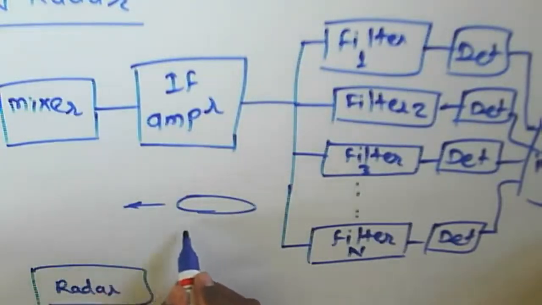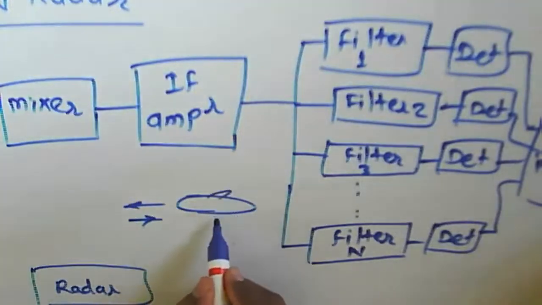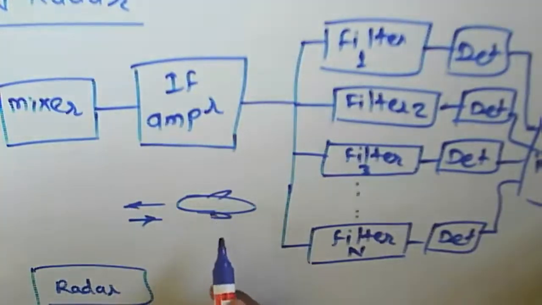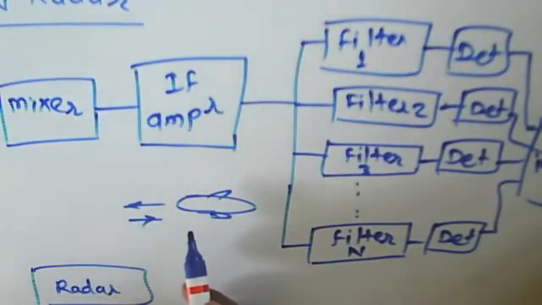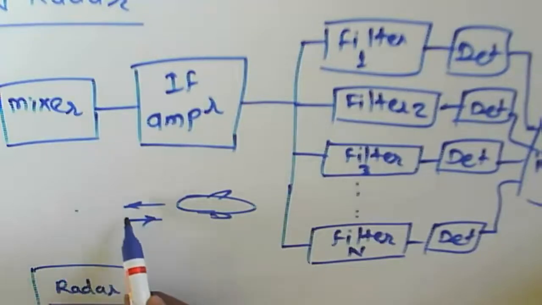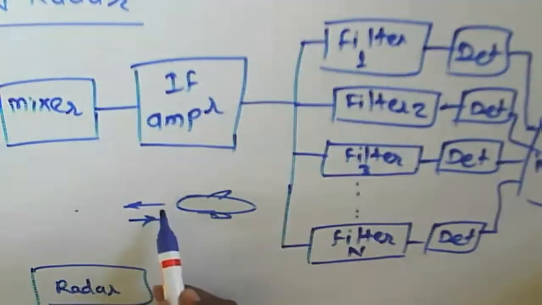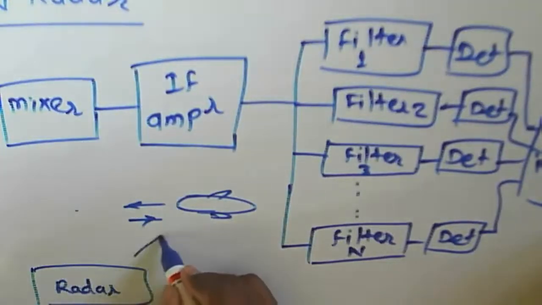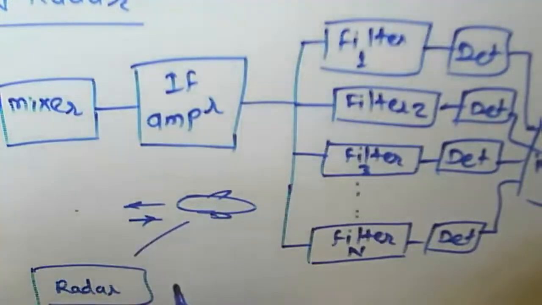The target is moving in this direction or that direction. So in that case, what will be the radial velocity of the target, in this direction or that direction? We need to find that out.